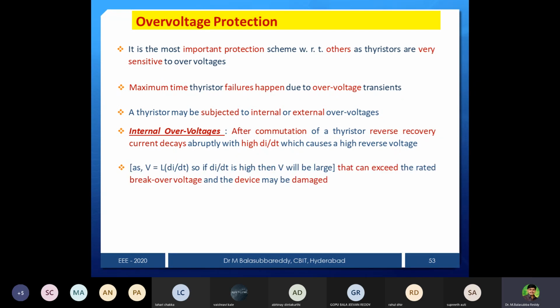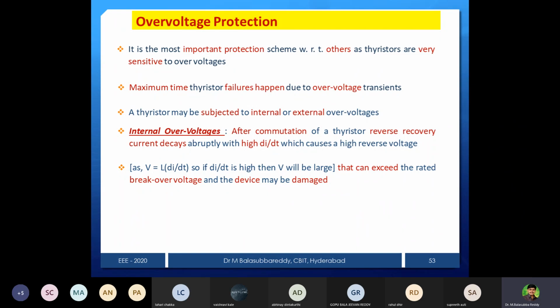Here is the simple logic behind that statement. V is L dI by dt. When di by dt is high, the voltage also becomes high. This VL is L dI by dt, the switch voltage, and if di by dt is high, then proportionally the voltage is going to be large. That can exceed the rated breakover voltage. If a thyristor is to fire, we have to apply one of the mechanisms to trigger the device.